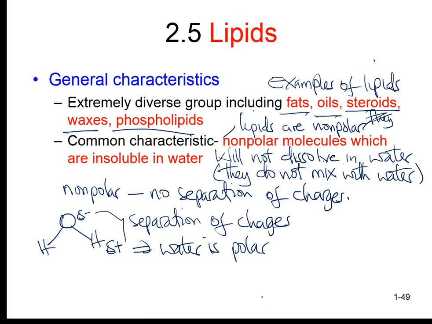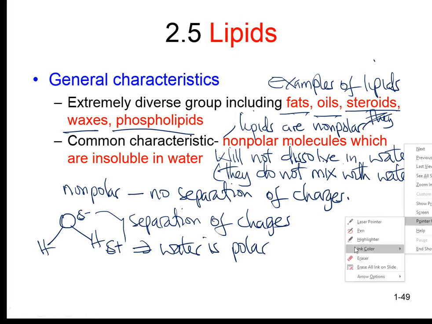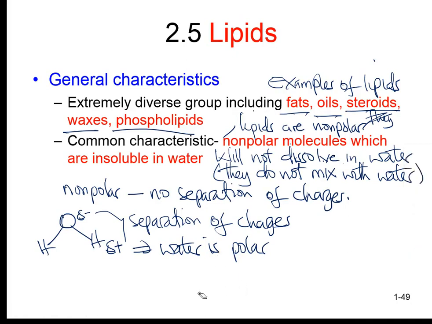Lipids do not have separation of charges. Therefore, they are non-polar. And things that are non-polar are not going to dissolve in water. So you need to write down that.